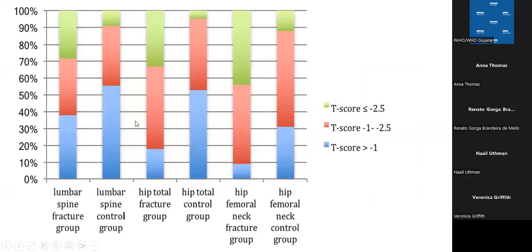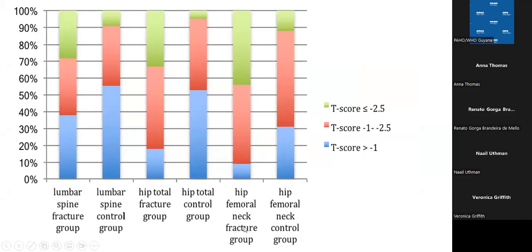Here you can see the prevalence of osteoporosis in patients presenting with different types of bone fractures: lumbar spine fracture, hip total fracture, and hip femoral neck fracture.